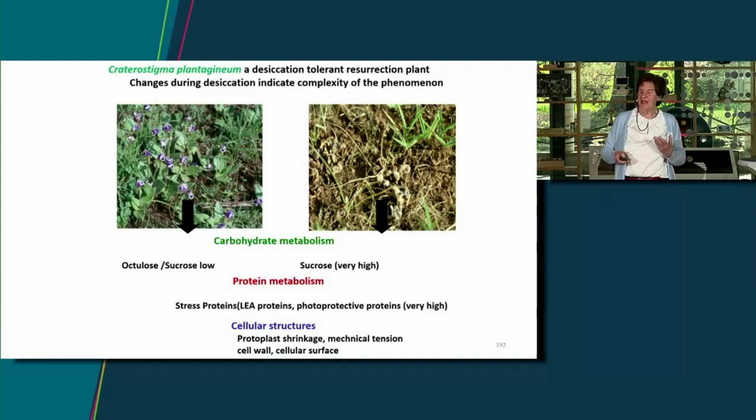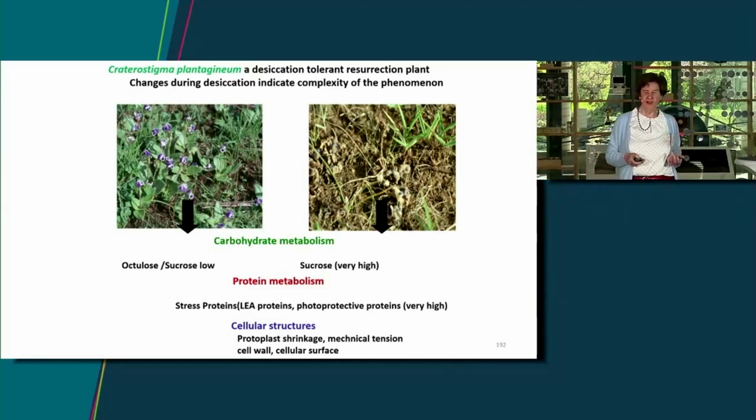And then this is somehow converted to sucrose in the desiccated tissue. The accumulation of sucrose, as we heard already yesterday, is a sort of common theme in desiccating organisms, from microorganisms to higher plants. So major changes in carbohydrate metabolism.